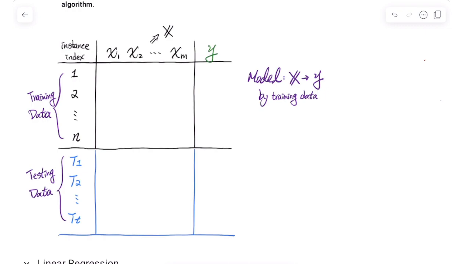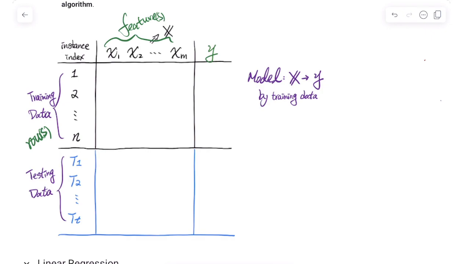We have n rows, and you may use several different columns, or we say features, to describe something. So we have n samples. For example, each of the rows, each of the samples, is a kid, a child in the kindergarten. So we have n kids.